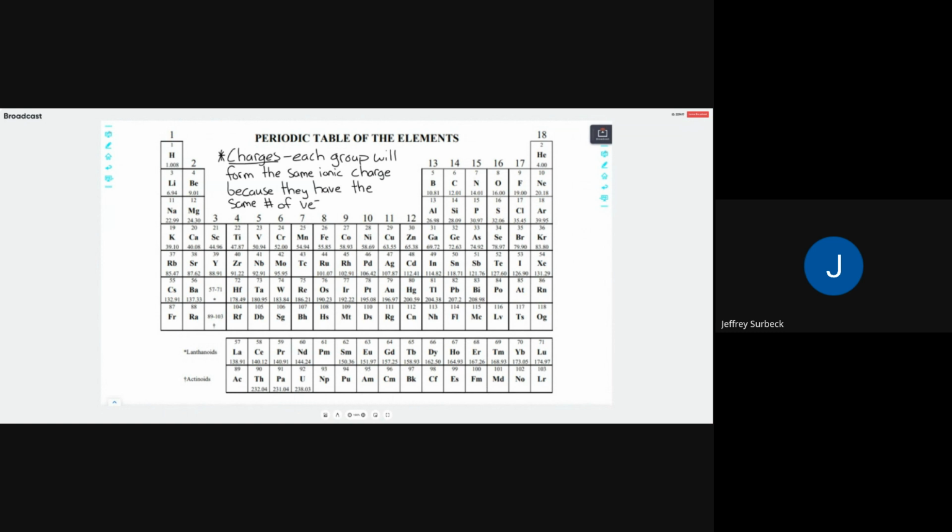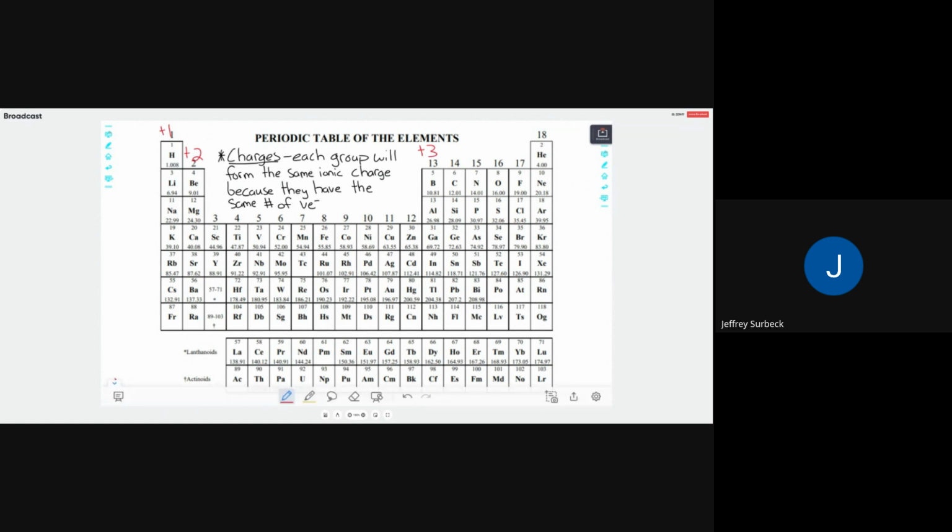All right, so to end this here, group 1, sodium, we saw this, right? Group 1, when it forms an ion, it's going to form an ion with a +1 charge. Group 2 will form an ion with a +2 charge. Group 13 with boron had 3 valence electrons. It's going to have a +3. Now, group 14 with carbon.